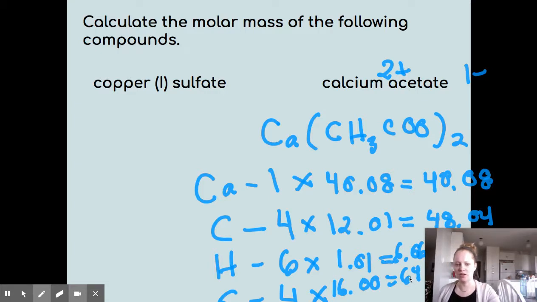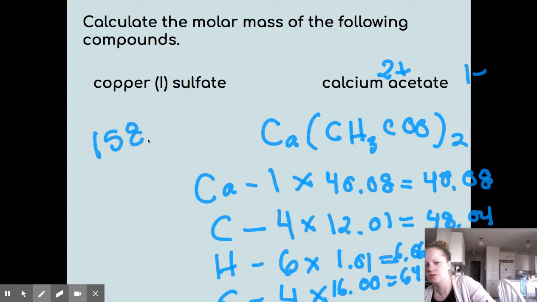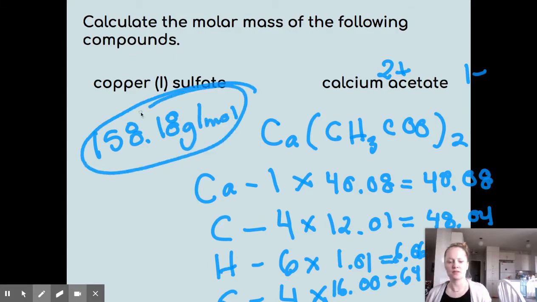If I was to add all of these up, sorry, that one got a little crazy messy. 40.08 plus 48.04 plus 6.06 plus 64 equals 158.18. Put it over here for your total grams per mole for calcium acetate.